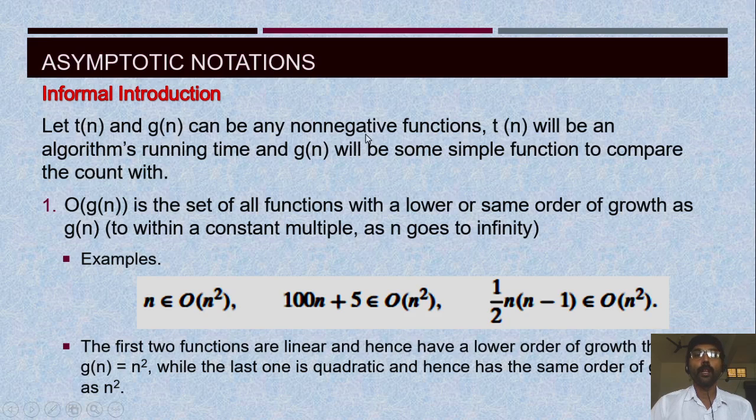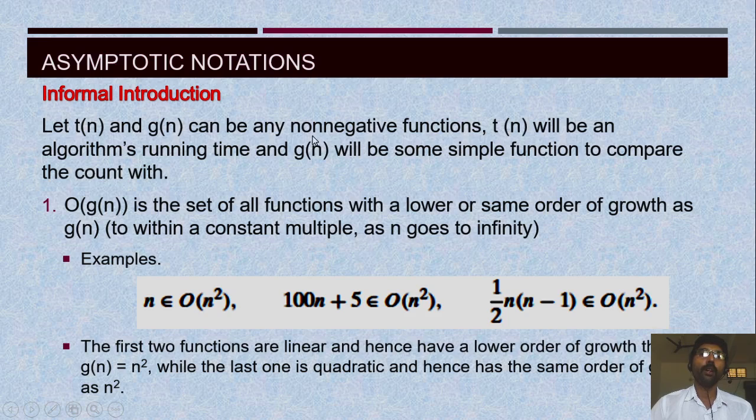Now I have two non-negative functions called t of n and g of n. t of n is actually the running time of our algorithm. That means if you design any algorithm, its running time is indicated by t of n.